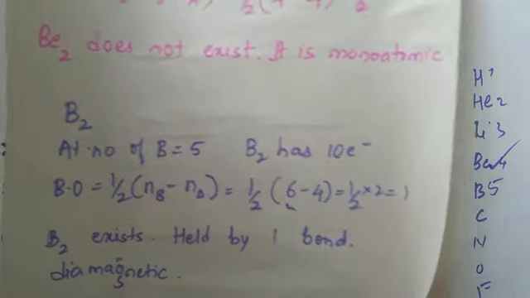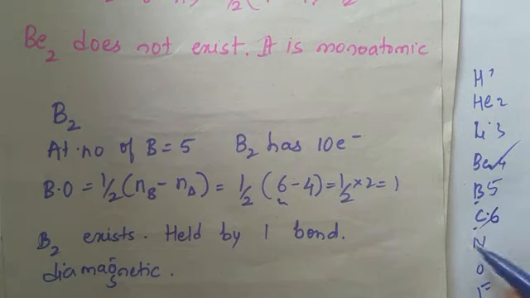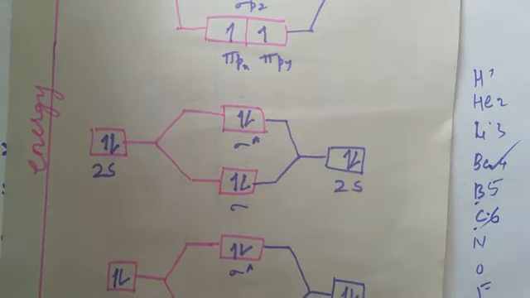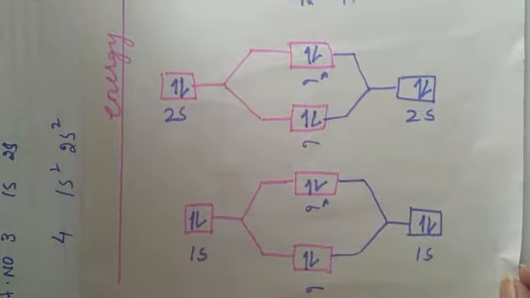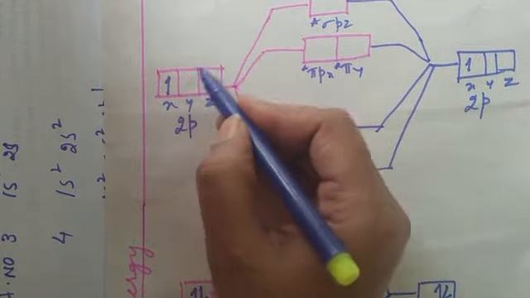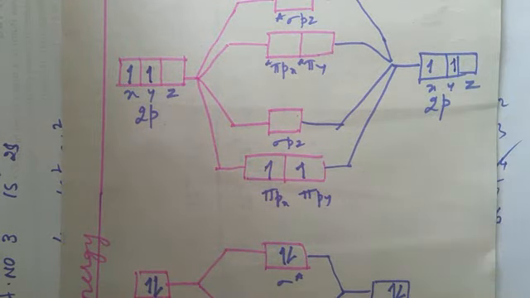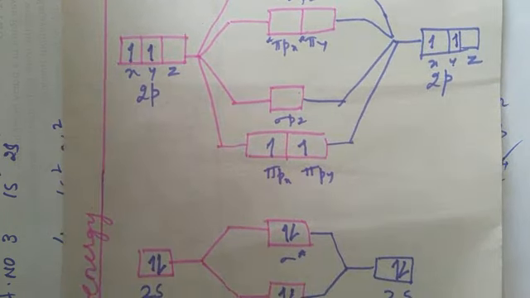So which is the next element? Yes, after boron it is carbon. How many electrons? 6. So its electronic configuration will be 1s2, 2s2, 2p2. So I am writing 2p2 here. Understood how to do this energy level diagram? You have to just go on filling the electrons.